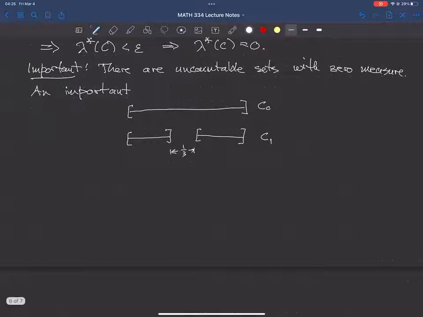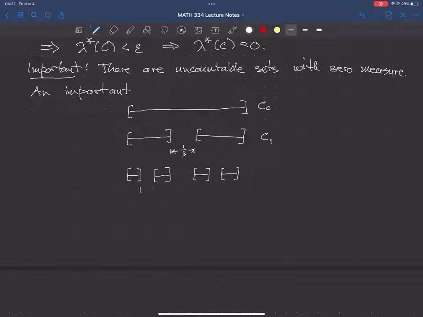Then you do this again, removing from each of these their middle third, like so.